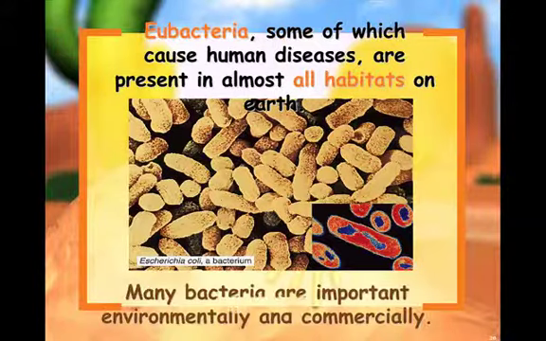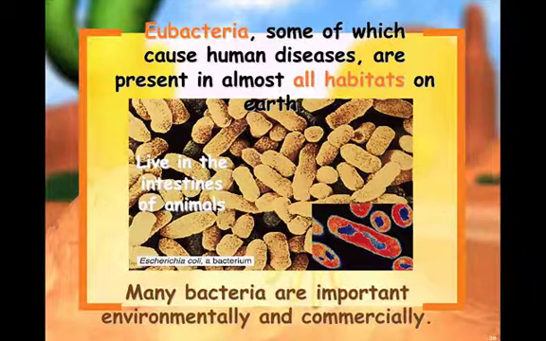E. coli lives both in your intestines, and it unfortunately can live outside of your intestines. This is a nasty bacteria if you ever come in contact with it. Many bacteria are important environmentally and commercially. For example, bacteria play a key role in making yogurts and other products that we use.